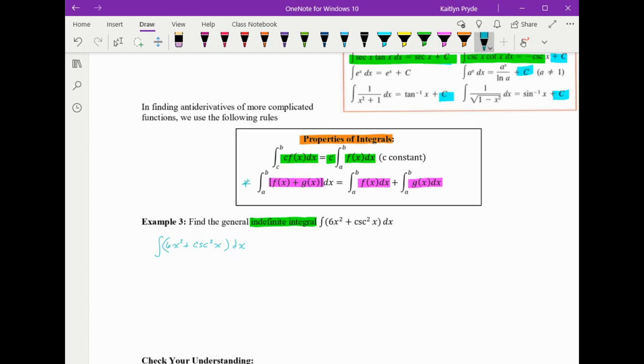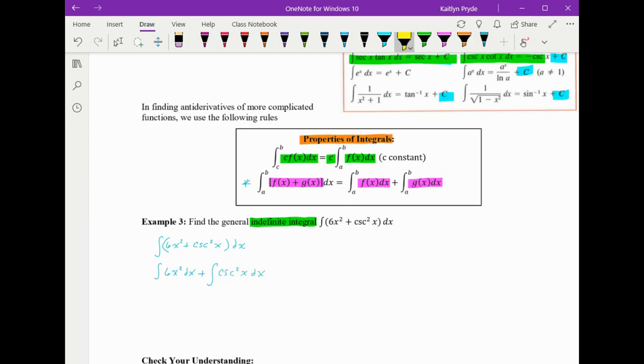I'm going to break this up using these two properties. The first thing I'm going to do is break it up into two summations because there are two functions, technically, 6x squared and cosecant squared x. So I'm looking at the integral of 6x squared dx plus the integral of cosecant squared x dx.